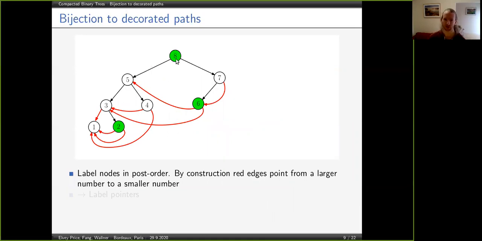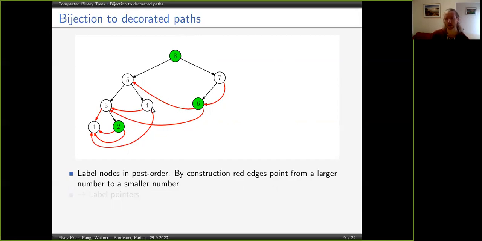Okay, we also number the vertices in post order, and so what that means is the vertices on the left will always have lower labels than those on the right, which have lower labels than the root vertex itself.